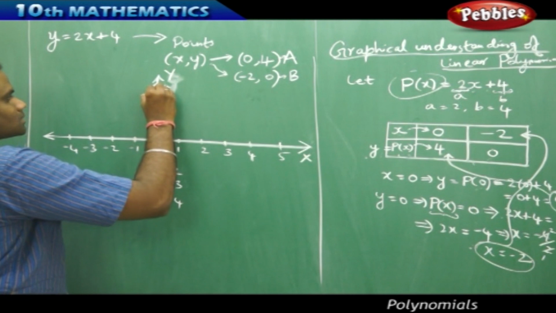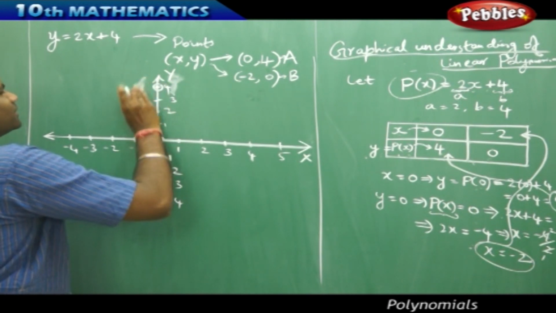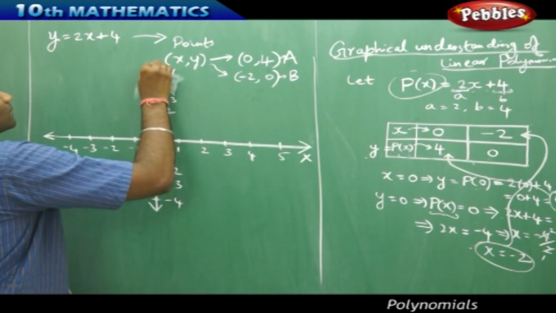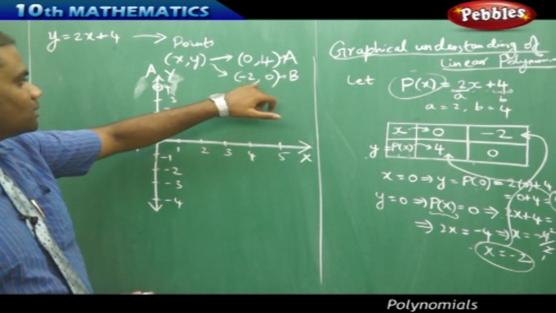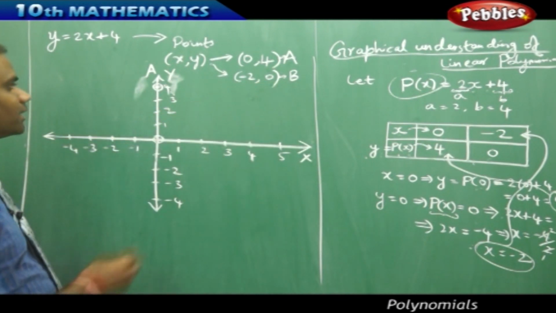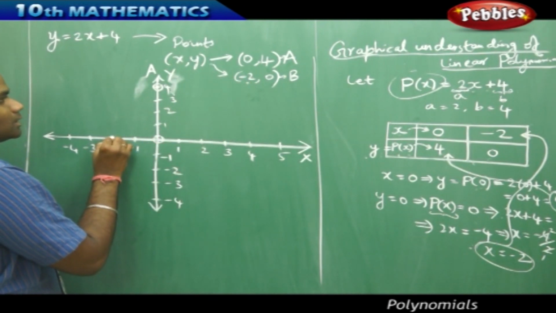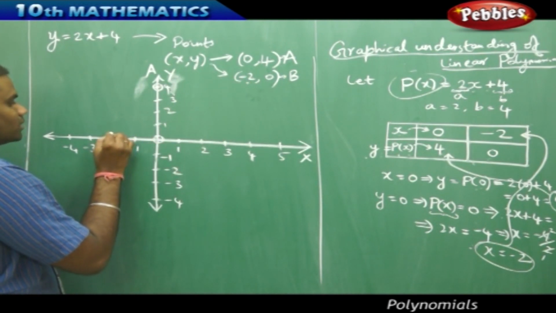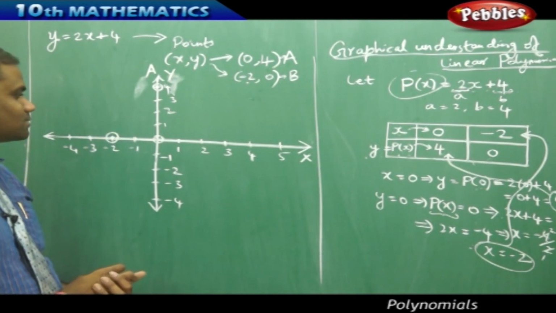So this is the coordinate A, which I identify here. Similarly, -2, 0 is also being plotted. So x moves to -2, so -2 is here, and y is 0, so this would definitely be a point on the x-axis.